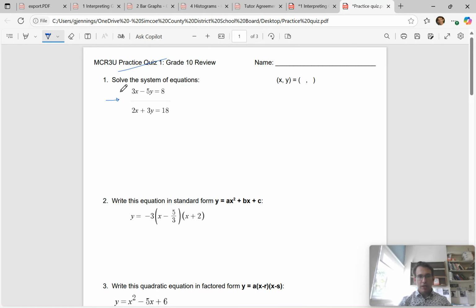If I do 3 times this equation, I get 9x minus 15y equals 24. And if I do 5 times this equation, I get 10x minus 15y equals 90.